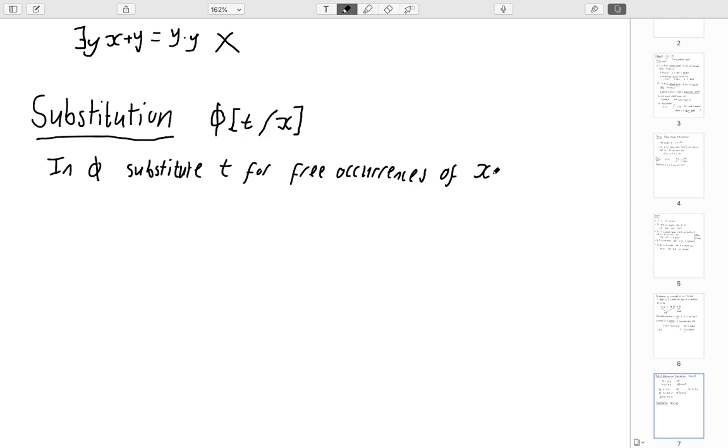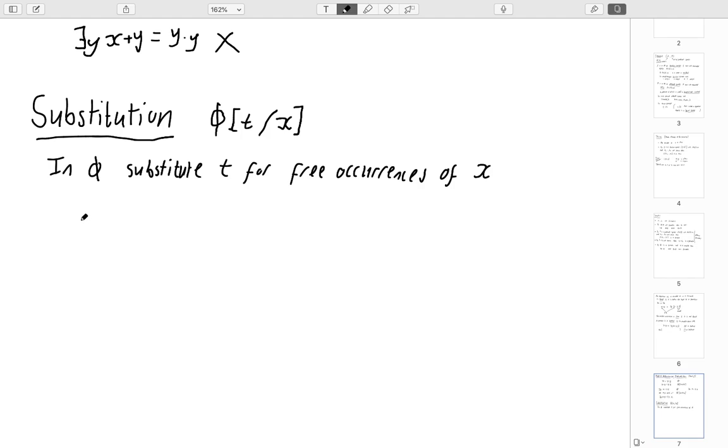Now one can give a precise mathematical definition of this, and it's actually rather unwieldy. That's rather awkward to deal with. It's actually quite easy to make a mistake in doing so, but the way that one performs substitutions in practice is rather easy to describe more informally, so I'm going to describe it like that.